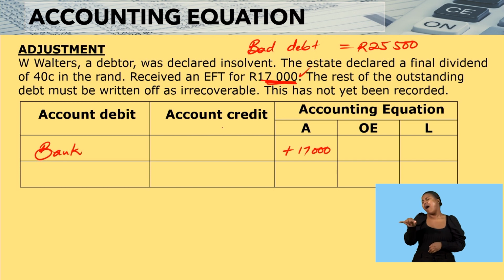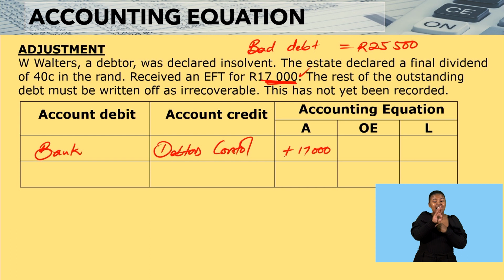Which account do we credit? We credit debtors control. And once we credit debtors control, my assets are also going to decrease. So it's minus 17,000. Owner's equity, no effect. Liabilities, no effect.